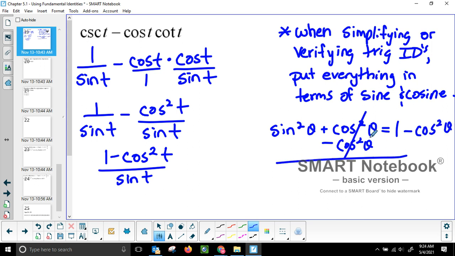When I do that, these cancel. So now I have sine squared theta is equal to 1 minus cosine squared theta. Oh, hey, I can replace this. So this is the same thing as sine squared t over sine of t. And what happens when I have 2 up top and 1 in the bottom? So this is just sine of angle t.